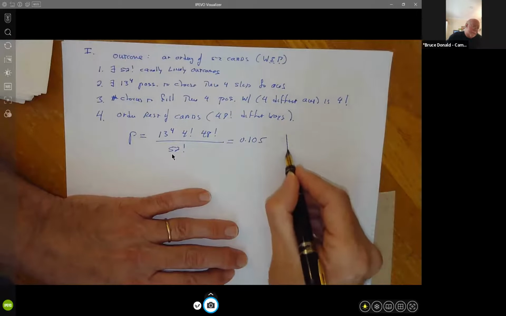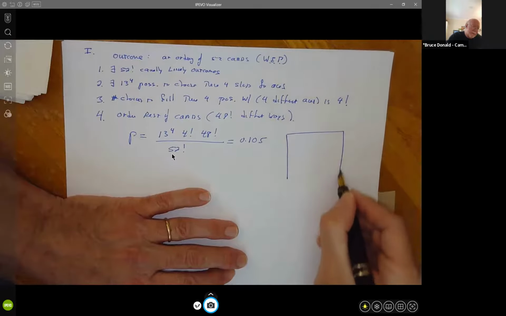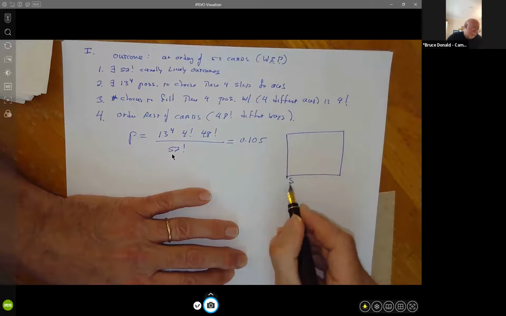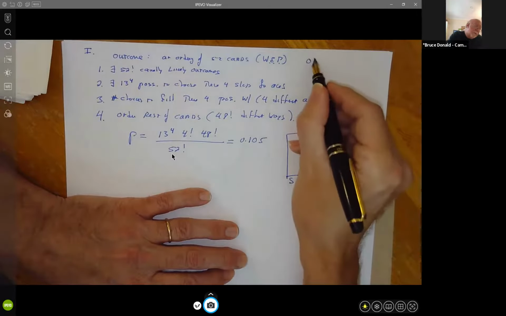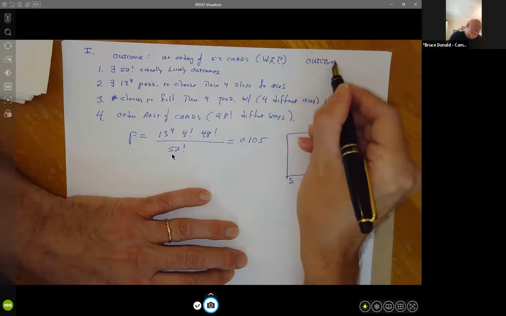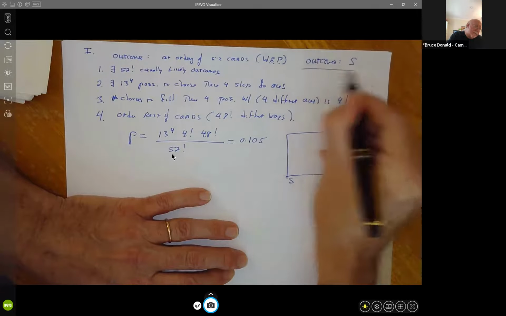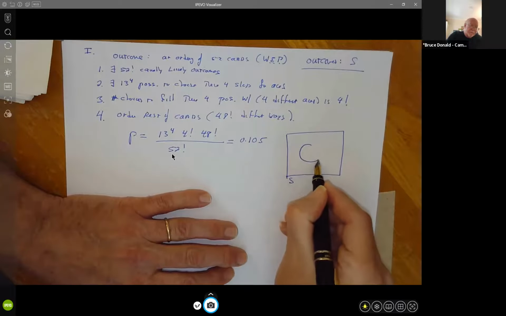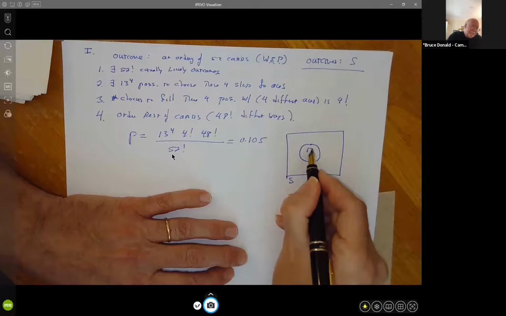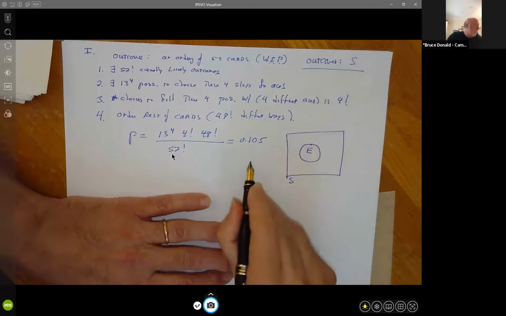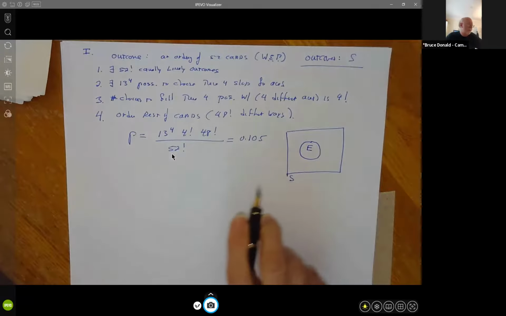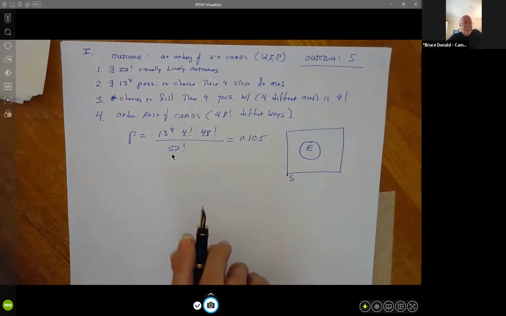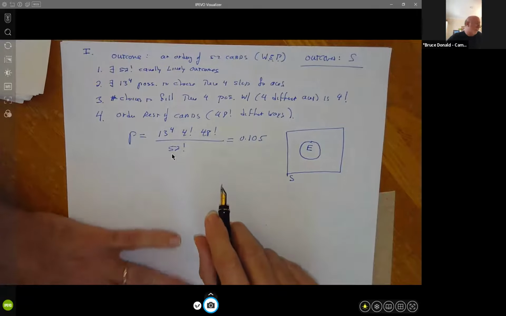So again, I want to come back to our picture here of why this makes sense. We have a space of all possible outcomes, which I'm going to call S. So outcomes, this is some set S. Now, a subset of those outcomes called E corresponds to the desired event. Namely, the desired event that we're calculating is that every player gets an ace. So E for event, S space of all outcomes.